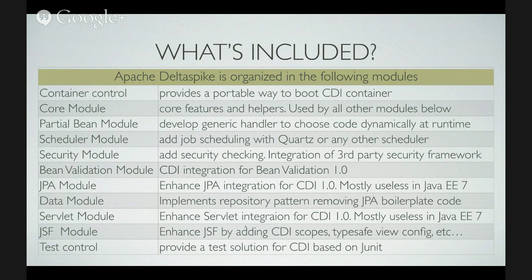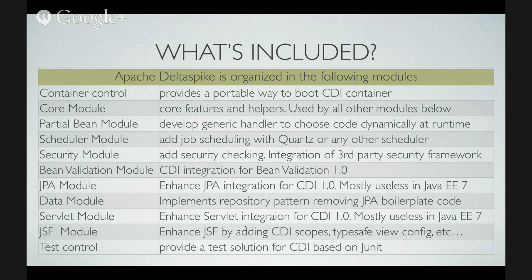Data module: it's an implementation of the repository pattern. So it's a way to remove all the JPA boilerplate code. It's something looking like Spring Data. If you know Spring Data, it's the same inspiration. Servlet module is also a module that enhances servlet integration for CDI, and also it's mainly for CDI 1, so if you are in Java EE 7, you won't use it.